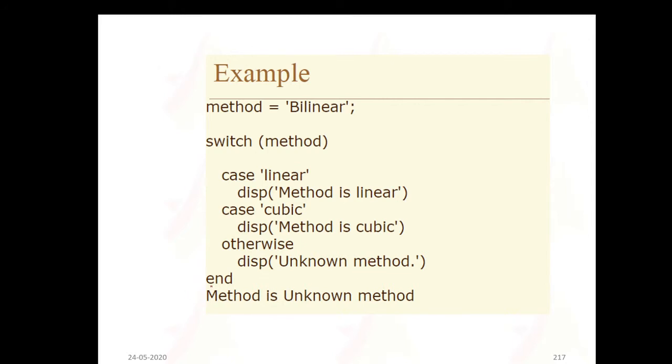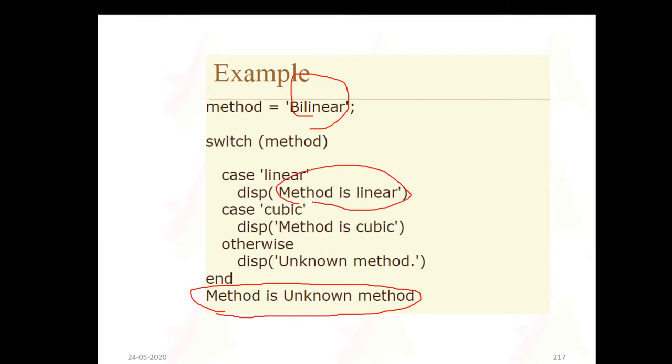Similarly, I have to put end also. If I give the method equal to bilinear, what happens? Is there any case available for bilinear? That's why it displays that the method is unknown. If you give linear here, it displays the method is linear.